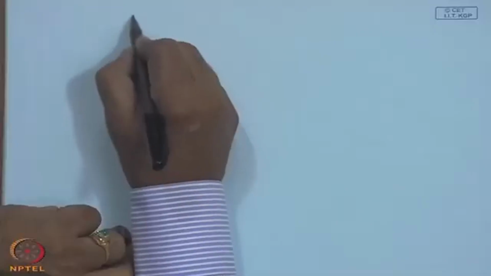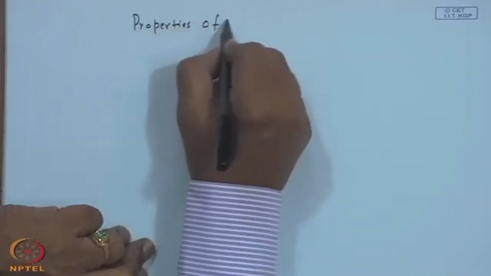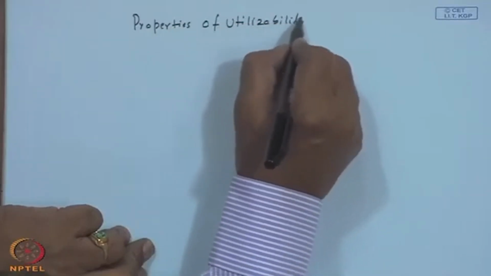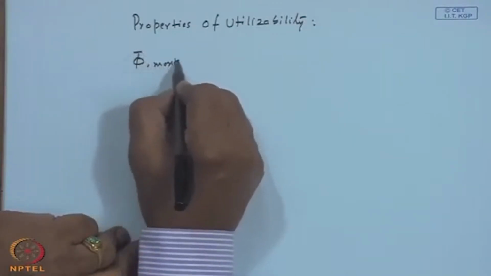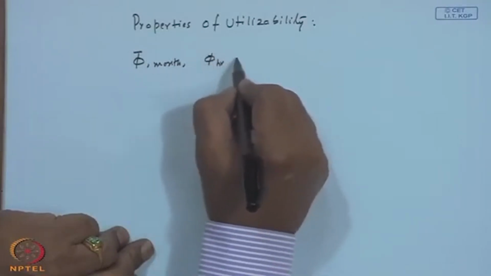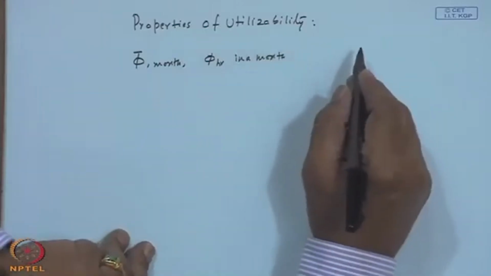So, again, I will digress slightly before we proceed further with the definition or the simple correlation. What are the properties of this utilizability? I can define this phi bar for the month, I can define a phi bar for the hour in a month, and of course, as I have explained, for the day also.